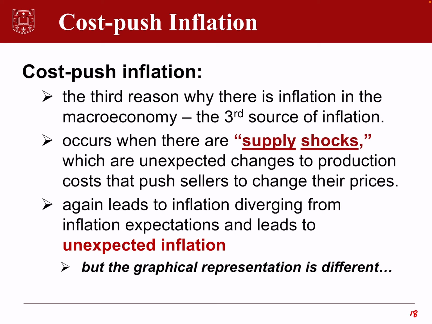And again, like with demand pull inflation, what we're emphasizing here is unexpected. If it was expected, it would have already been incorporated into inflationary expectations, and we wouldn't have this element.